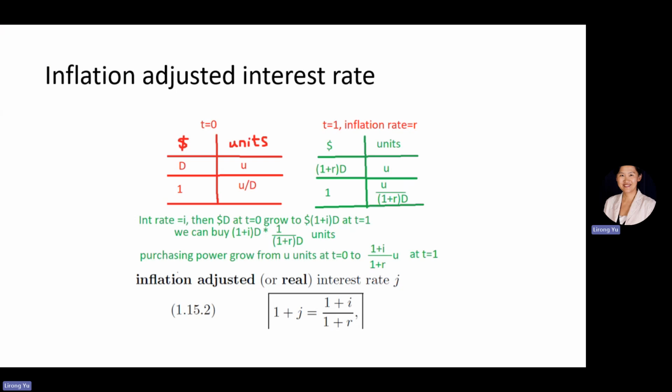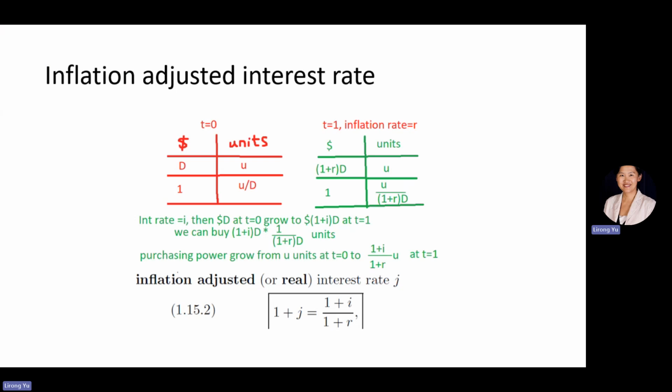So the purchasing power of that same investment is being predicted. You cancel the D, and then we have 1 plus I times 1 over 1 plus R, that is, 1 plus I over 1 plus R. That's how many units we can buy. This is the calculation.